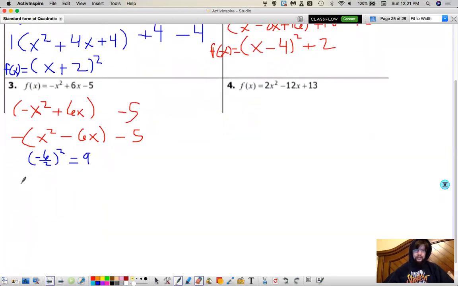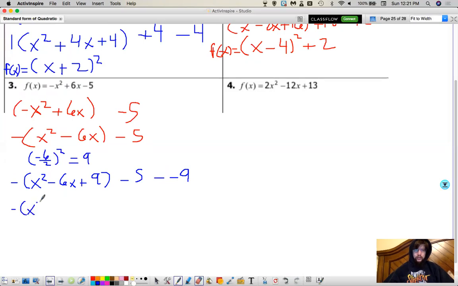So I'm going to add this on the inside. Don't forget that negative out there. Minus 5. And then I'm going to subtract this times what we just had, negative 9 on the outside. So I'm subtracting negative 9. Okay.